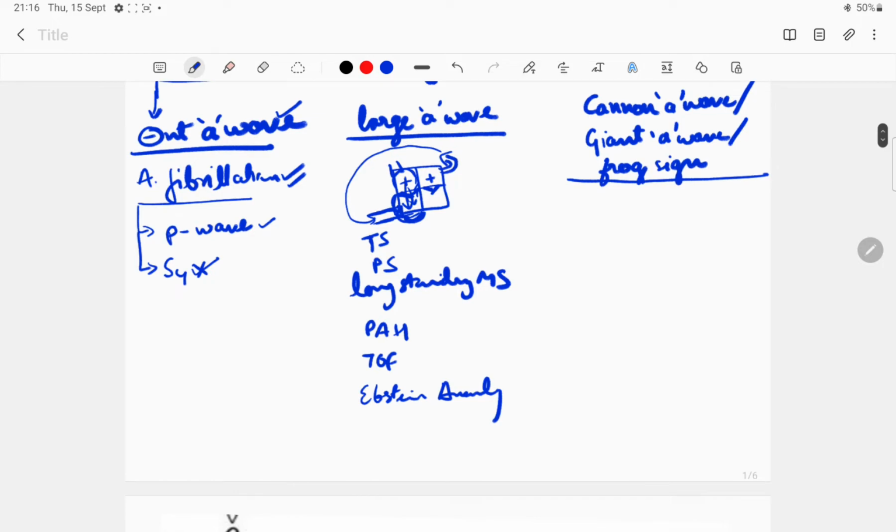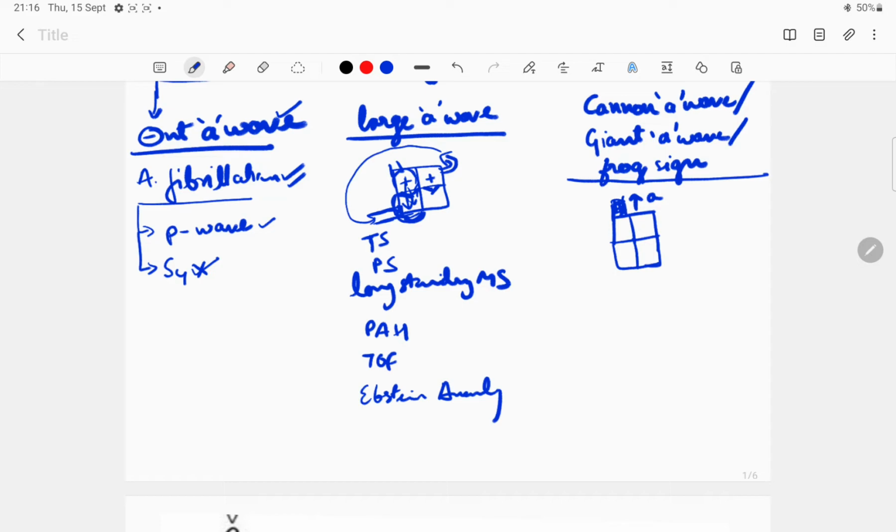Talking about the cannon A wave, the giant A wave, we see this in conditions where the atria and ventricle contract simultaneously, generating a huge amount of pressure, resulting in a large A wave. I mean a giant A wave, very large. So what can be those conditions?